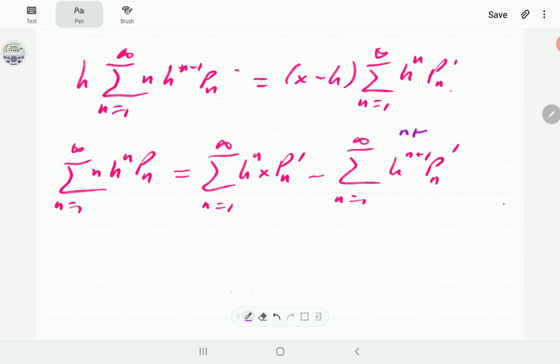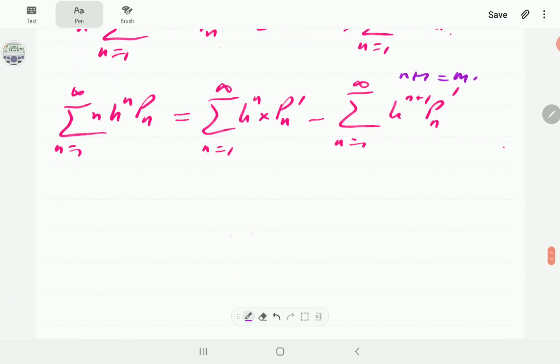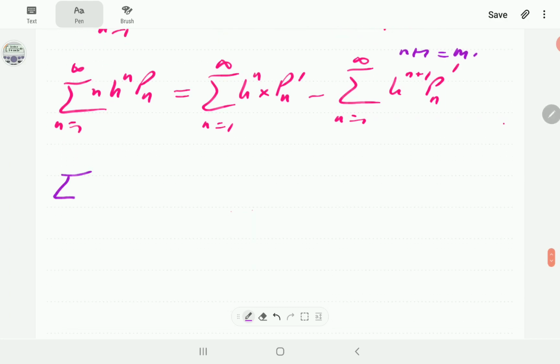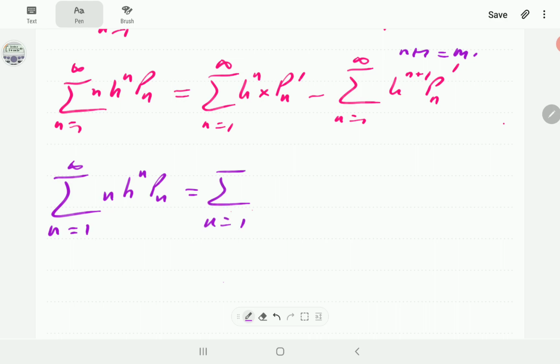So we're going to let n plus 1 be equal to a new term, m. Then when we do that, this side is going to remain the same, the left hand side, n equals 1. Remember, whether I write n or m, it's immaterial really, because it's a dummy variable. So that's going to be n h to the n Pn. This one again remains the same, h to the power n x Pn prime.